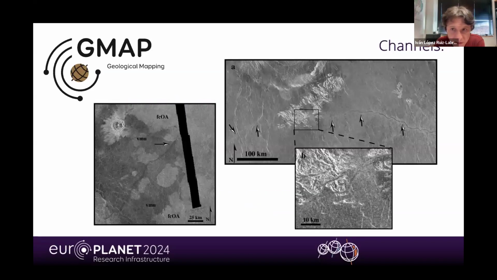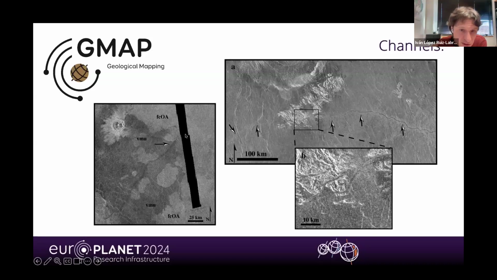For example, here you have examples of channels. These channels are going through the surface. You can see here how the channel is eroding a tessera terrain, so they are easily seen in these radar images. When we see channels that interact with other materials, for example in this case, we can see the channel and how the channel disappears here.